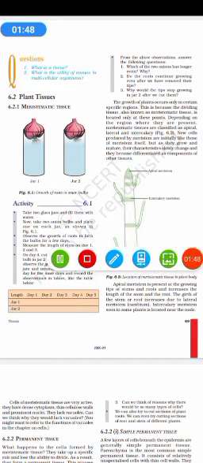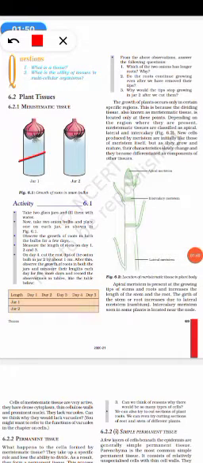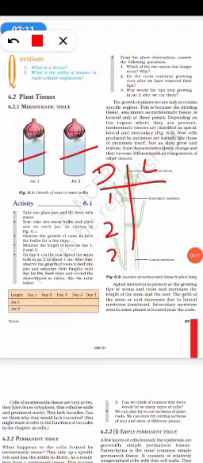So you see that they have been placed on the jars. Now observe the growth of roots in both the bulbs for a few days. Measure the length of the roots on day 1, day 2 and day 3. You will write the length of the roots for each day.